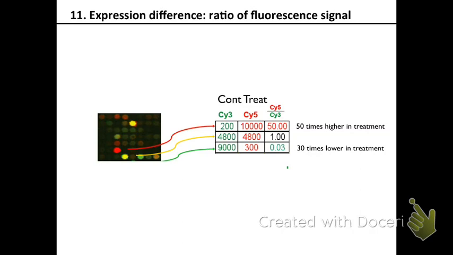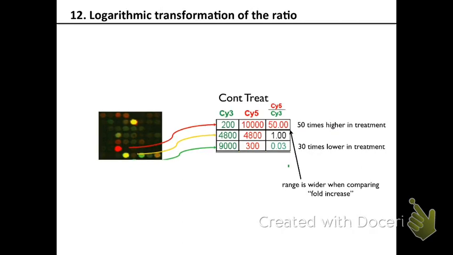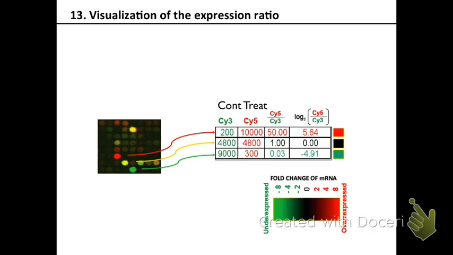So what we do is we convert these ratios logarithmically. When you take the log 2 of this ratio, you convert the numbers so that the logarithm of 1 is 0, right? Any gene that goes up in expression is going to have positive logarithmic values.